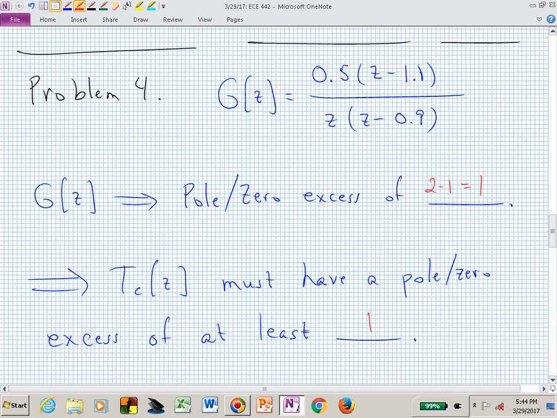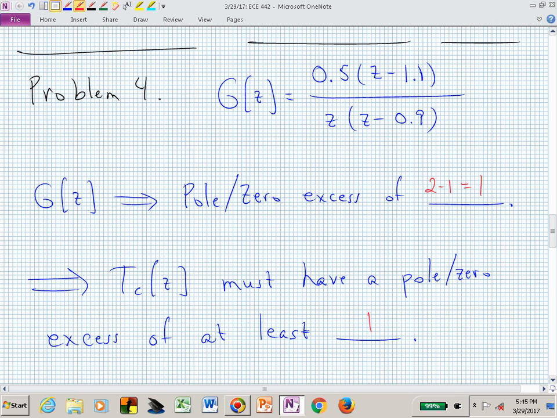Restrictions 2 and 3 deal with unstable zeros and unstable poles. We look at G of z and we say, do we have any unstable zeros, or zeros outside the unit circle? Well, we talked about the phrasing of unstable zero before. I'm really just meaning zeros outside the unit circle when I say unstable zero.